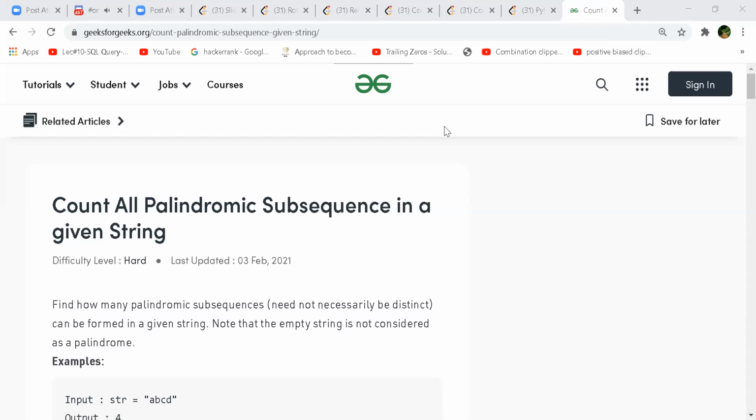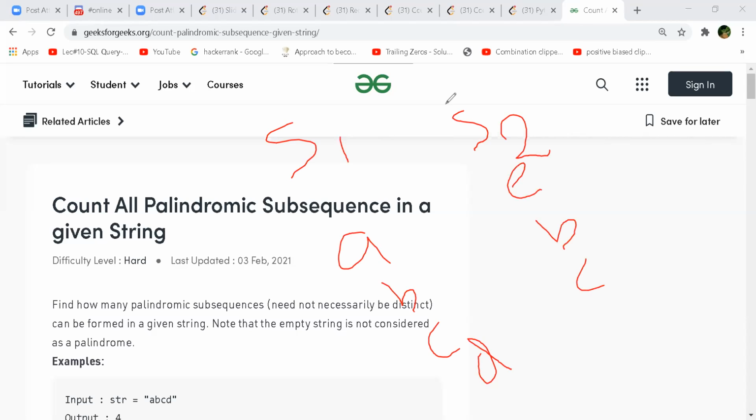Let's say S1 is ABCD, right? Which I explained earlier, like let's say two strings are given to you. So you have A, B, C, D, and I just generated single palindromes first, and E, B, C, D. There would be many possibilities. Just for simplicity's sake, I'm saying every element in itself is a palindrome.